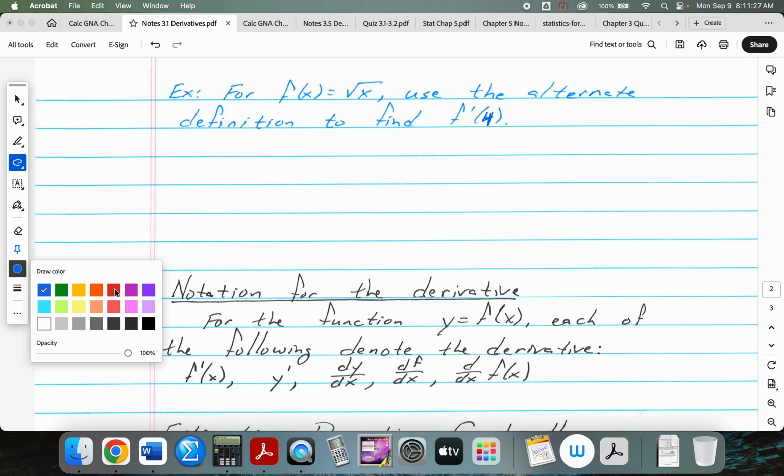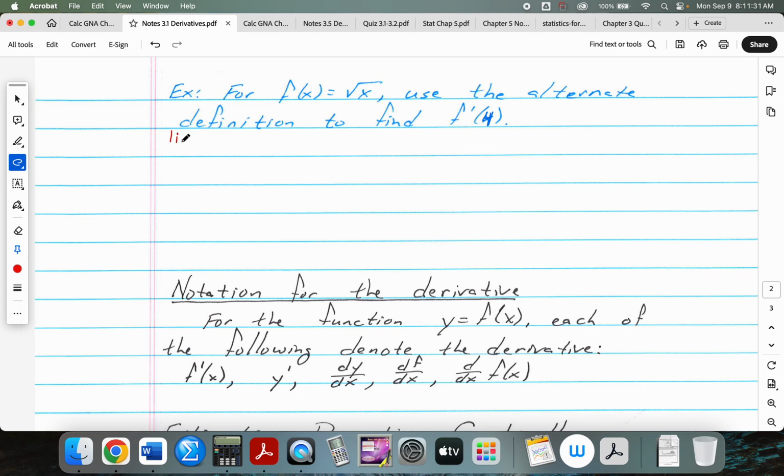So that's going to be the limit as h goes to 0 of... sorry, forgot. We're using the alternate definition.